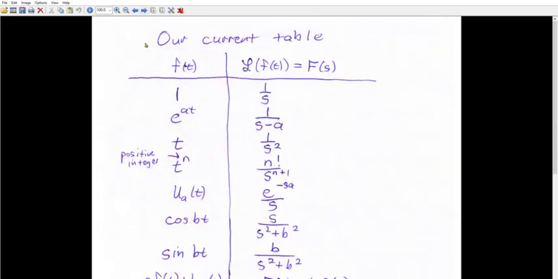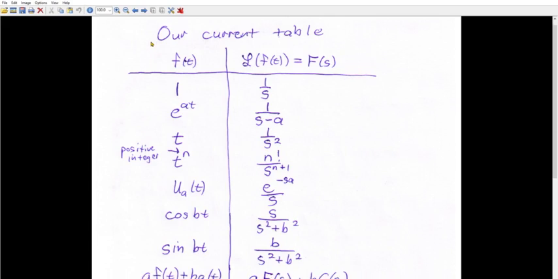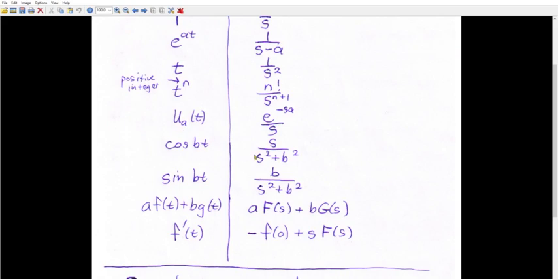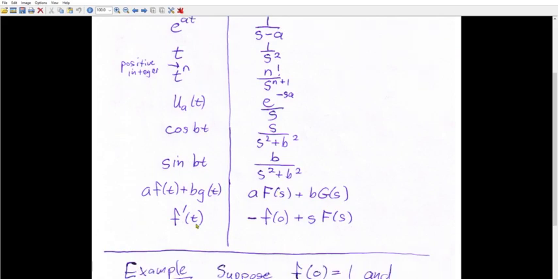Okay, so a review. Here's our current table. This is one of the things we did today, the Laplace transform of t to the n. We did cosine and sine. This is well known from the last time, and this is the important one that we just did.